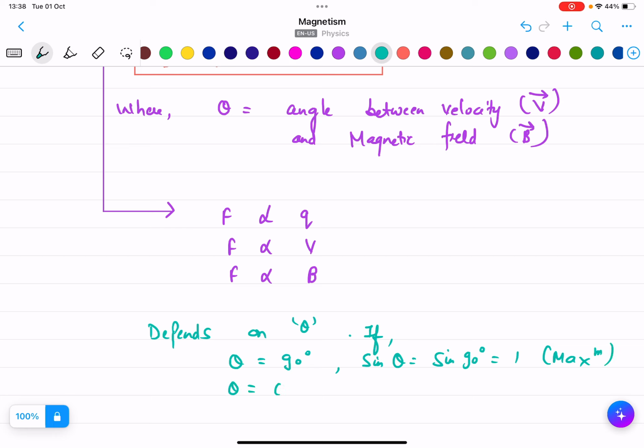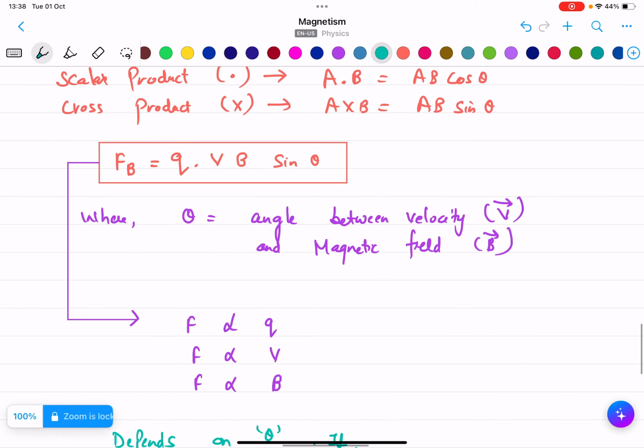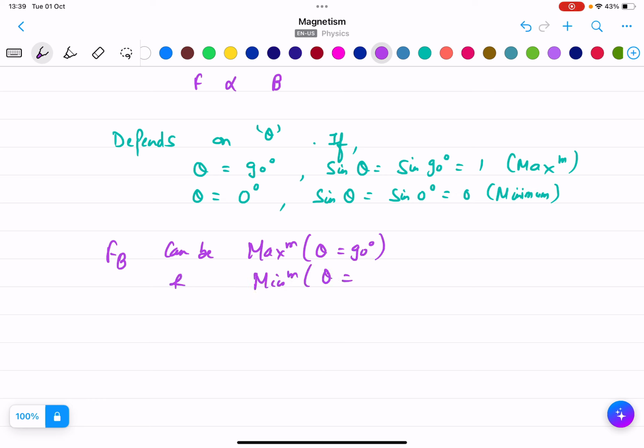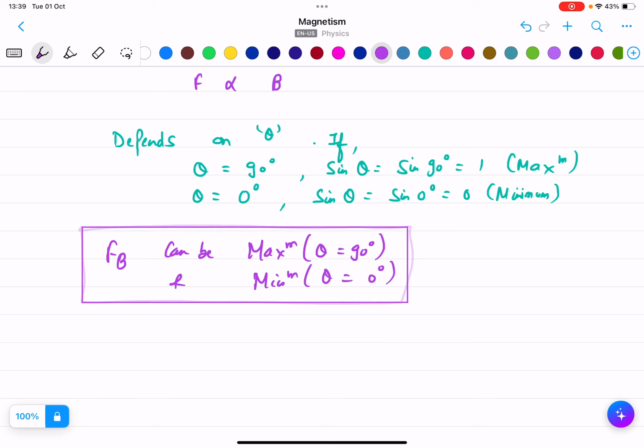If theta equals 0 degrees, sine theta will be sine 0, that means 0, and that means it is minimum. So FB can be maximum if theta equals 90 degrees and minimum if theta equals 0 degrees. Can I say that? Okay.